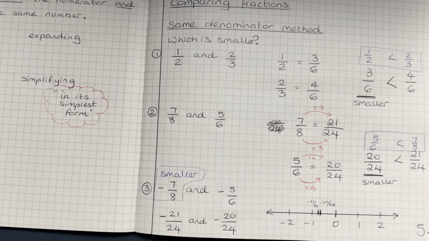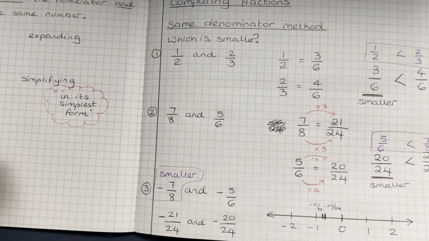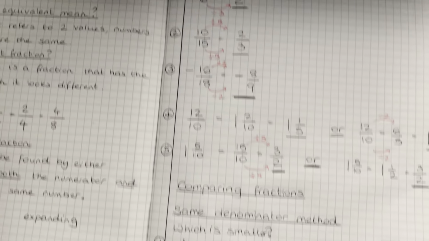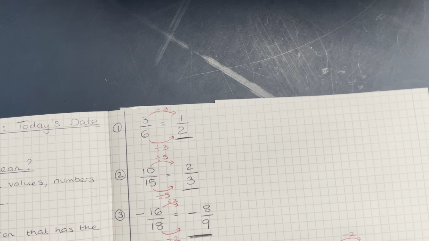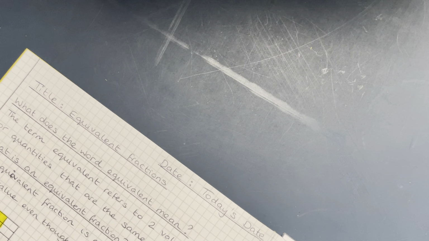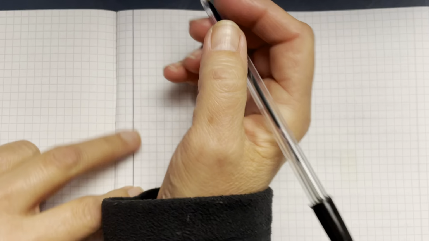So typically that's what we do. However, there is one other thing I just want to mention. I've run out of space there, let me do it down here. Just one more thing to mention. That you can compare fractions by comparing the denominators if the numerator is the same.